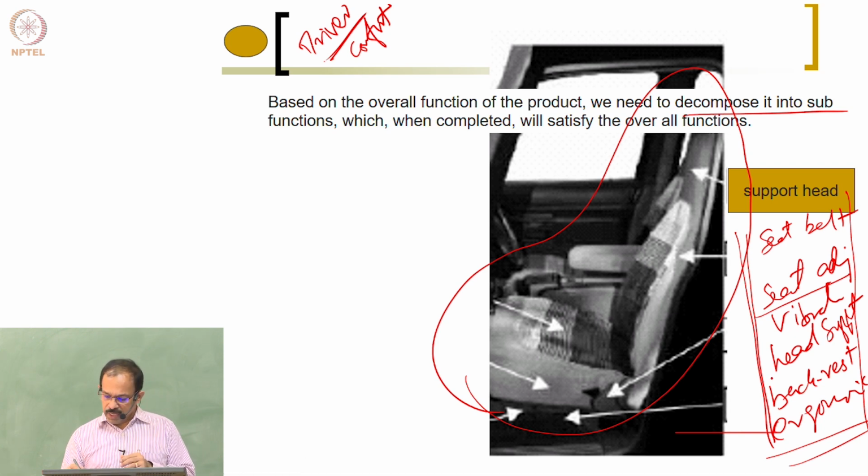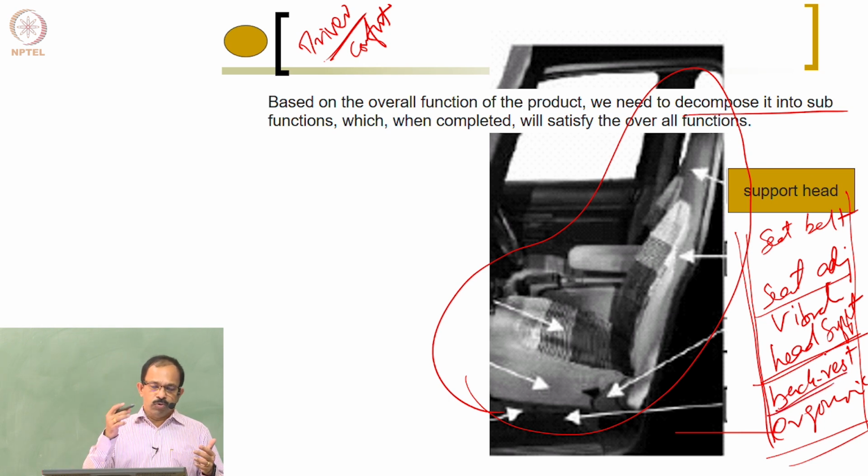You can come up with a new way to do the head support, or a new way to do the backrest, or it can be anything. So you go through the whole product and try to decompose it into sub-functions and then see which function can be modified or added so that you improve the performance. So this is the way you try to satisfy the customer requirement by looking at the product.